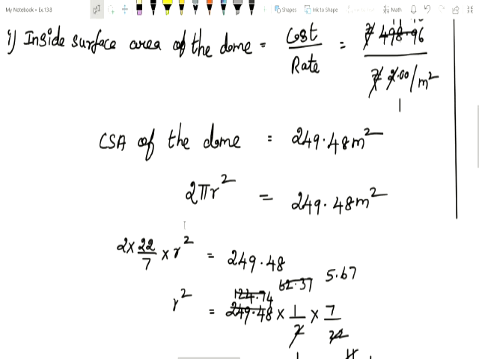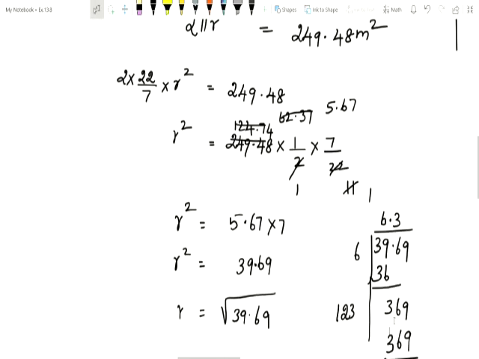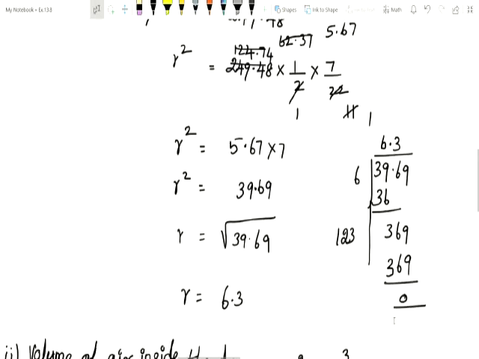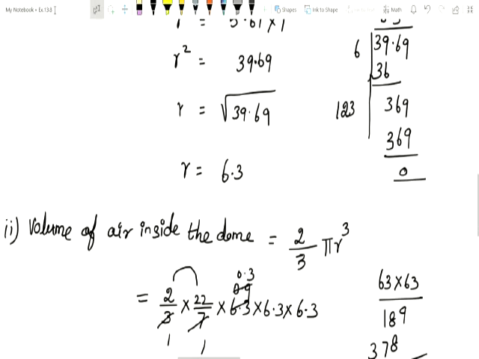So CSA of a hemisphere is 2 pi r square. CSA represent curved surface area. Okay, children. So 2 pi r square is equal to 249.48 meter square. Okay, using this, first we are finding radius. Okay, after simplifying, what we are getting? R equal to 6.3. Okay, 6.3 meter.